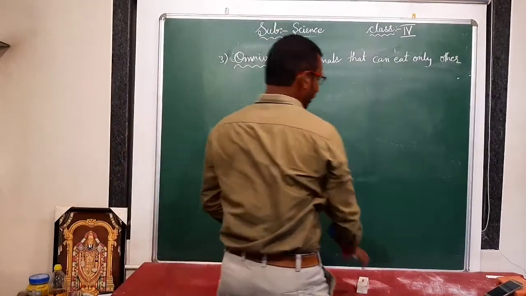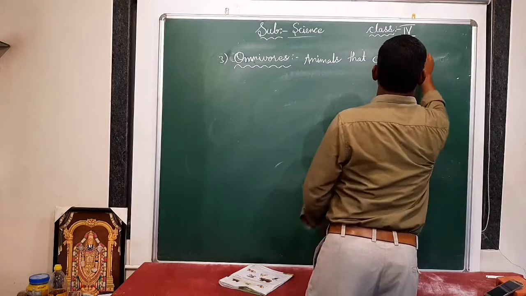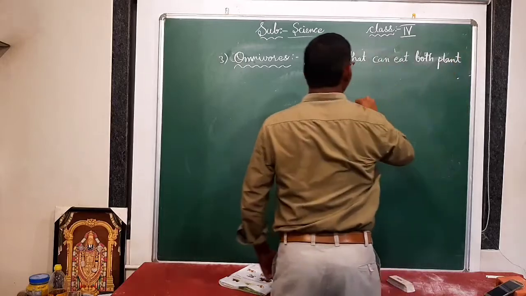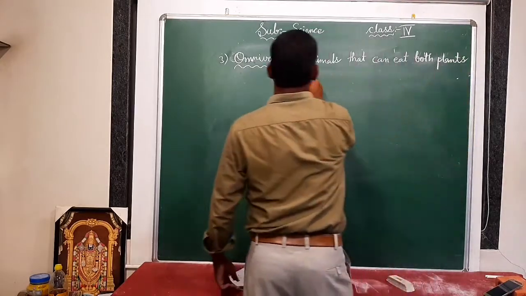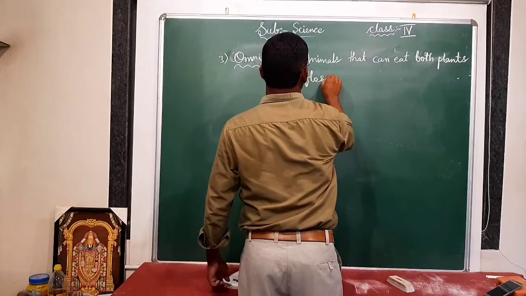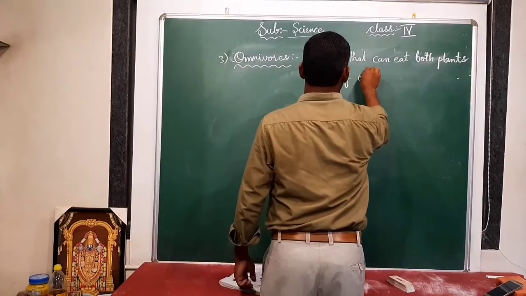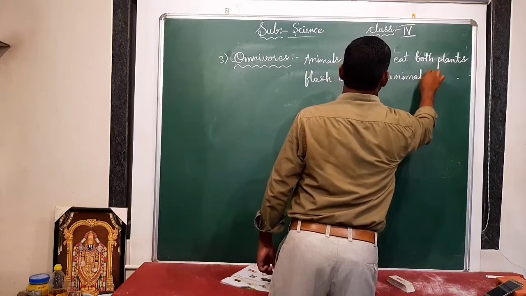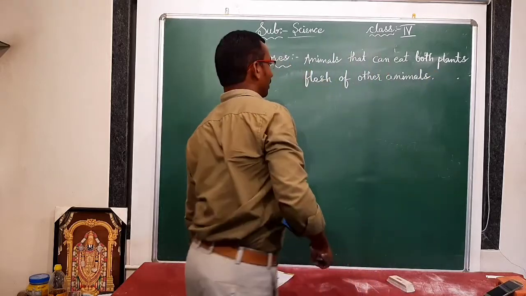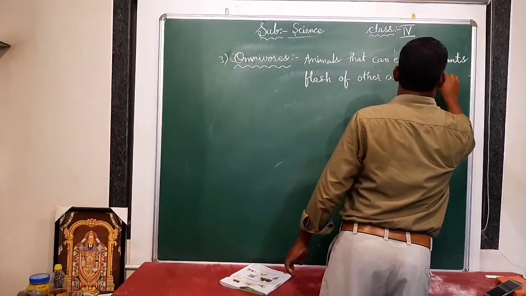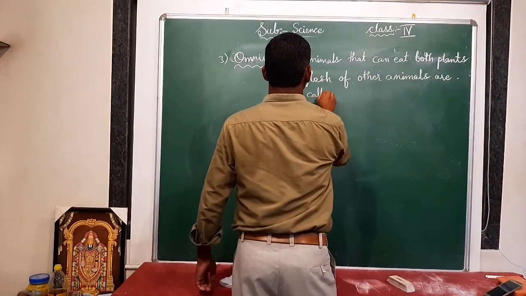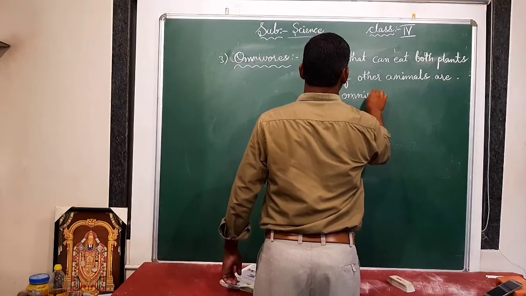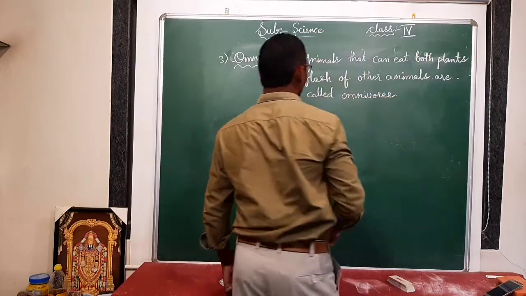Animals that can eat both plants and the flesh of other animals are called omnivores.